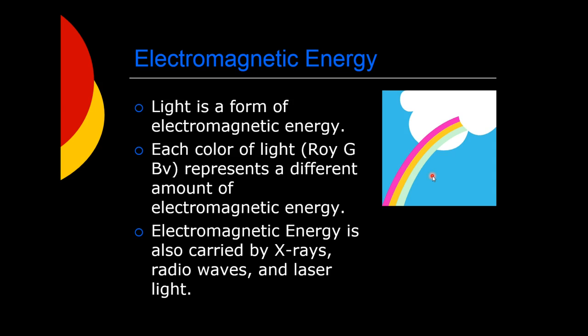That's something that we'll get to talking about in a little bit. Electromagnetic energy can also be carried by X-rays, radio waves, and laser light. So when we're talking about electromagnetic energy, we could be talking about electricity, light, X-rays, radio waves, laser light. We could also be talking about microwaves. Not the appliance, the microwave, but the waves that it produces.